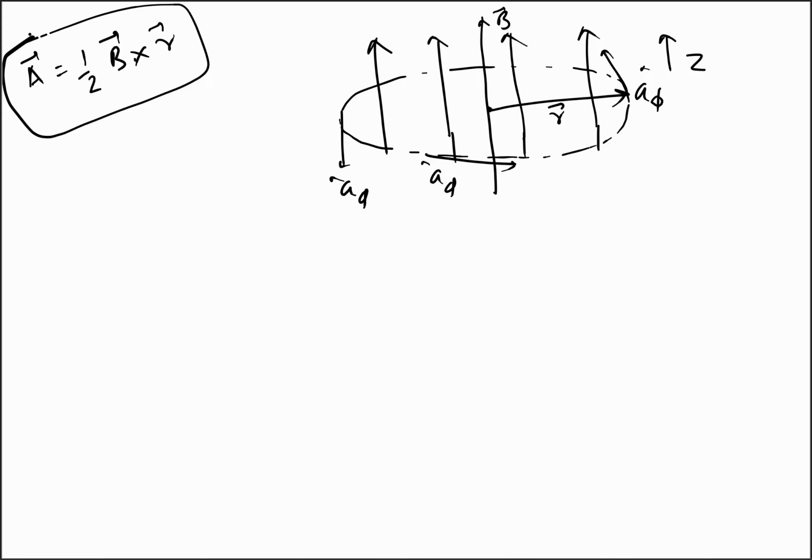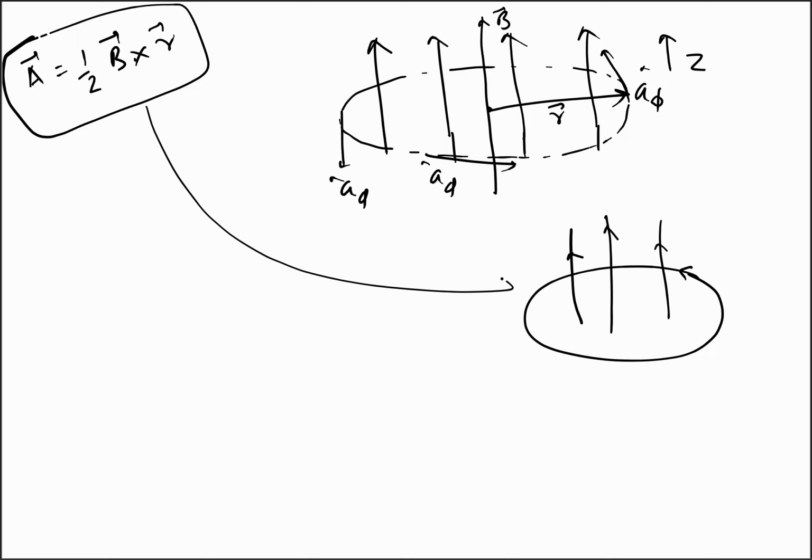Now curl is always going to give us the circulation part, or the vortex part, of the field. So if I define a field which is circular in nature like this, it is a vortex and its curl will always point perpendicular to it like this. So this again gives us the physical picture.